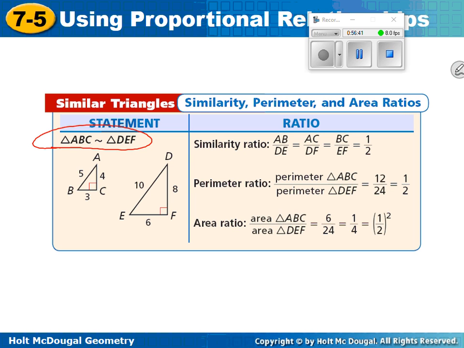Remember, the definition of similar triangles is all corresponding angles are congruent, all corresponding sides are proportional. We learned what was called a similarity statement, and we learned what was called the similarity ratio, which was the reduced value that we got when we compared 5 to 10, 3 to 6, or 4 to 8. Does everybody agree that those are all 1/2?